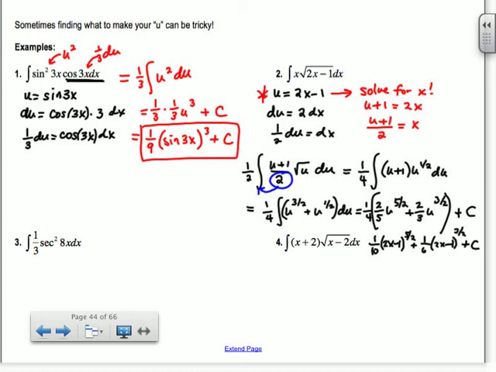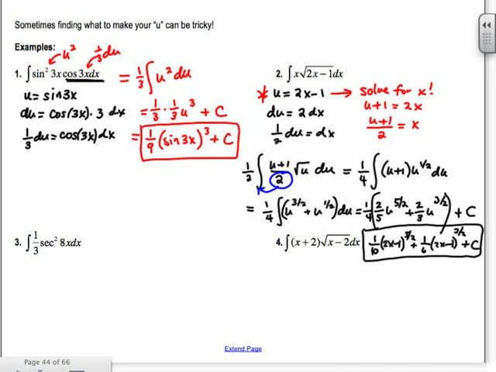Basically, all we need is for all of our x's to now be u's. So you can change that x to something with u, right? So if you look at your original u equals equation, and solve it for x, like get x by itself, it's not bad. You get u plus 1 equals 2x, so u plus 1 over 2 is equal to x.